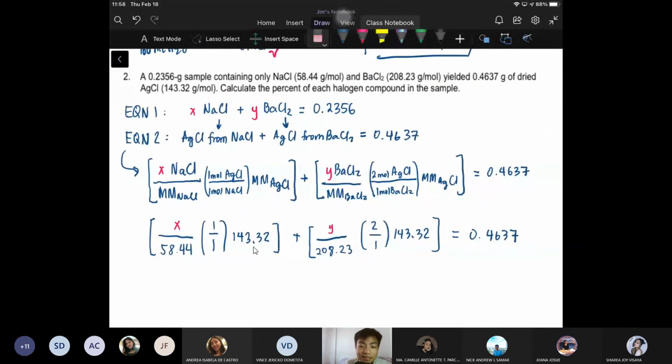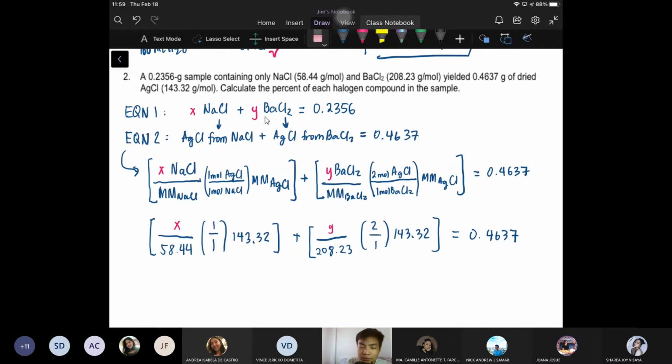So, recap tayo. So, ano uli nangyari? So, may sample ako that contains two salts of unknown masses. Ito yun, equation 1. NaCl plus BaCl2, pag pinag-add ko yung mass na yan, equal yun sa sample mass ko. Then, what happened is that yung NaCl ma-convert to AgCl, yung BaCl2 ma-convert to AgCl, and yung mass nila, once they were converted to AgCl, that will be equal to 0.4637.